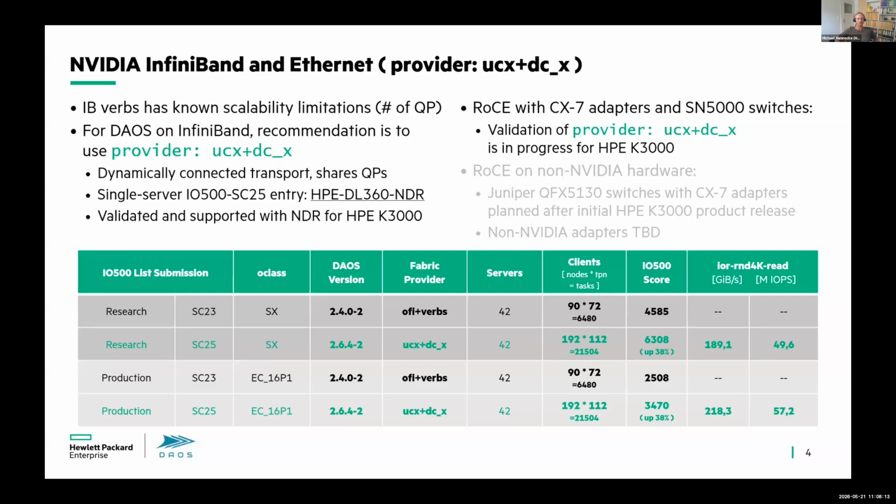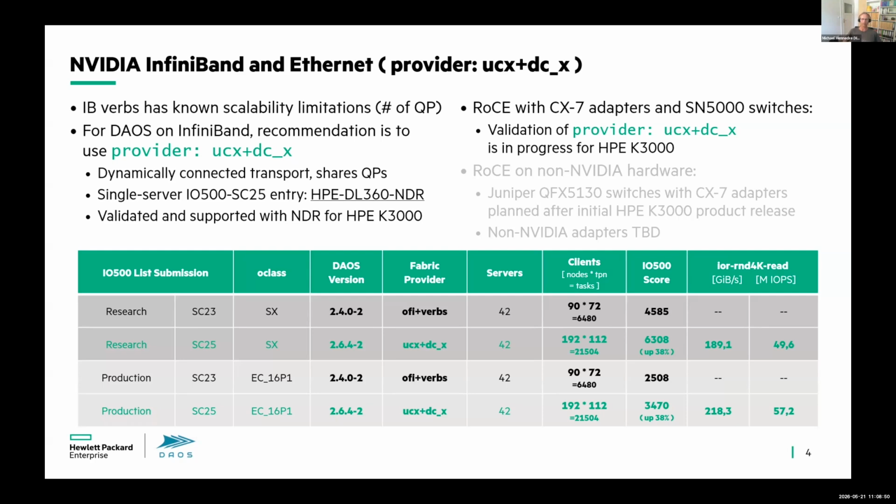We have settled on UCX plus DCX with this dynamically connected transport layer sometime last year, and the table at the bottom here shows that on the LRZ system, which is 42 servers, in the past, we could only run up until less than 100 clients and not all cores on those clients. With the change from libfabric to UCX, we could essentially triple the number of client-side processes for the benchmark and get 38% total IO500 scores just by running more client processes.